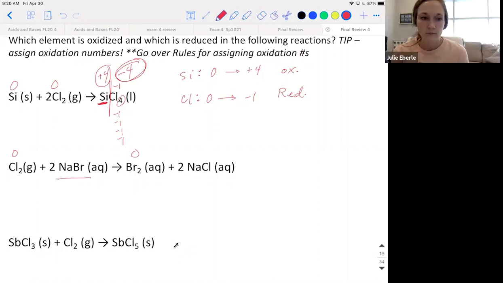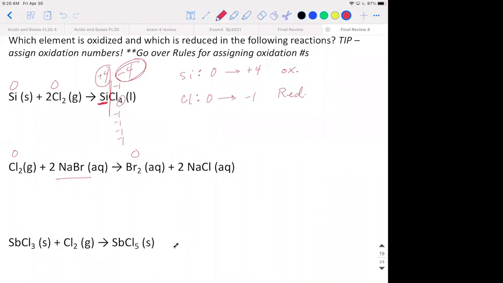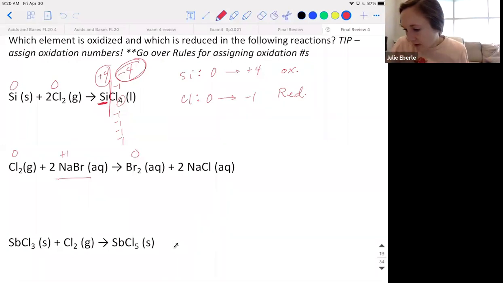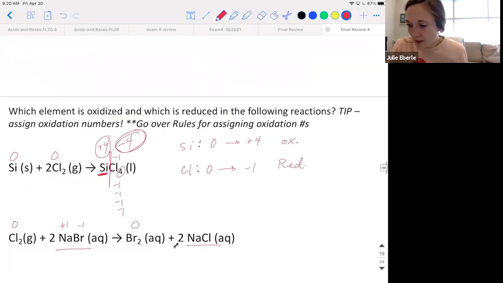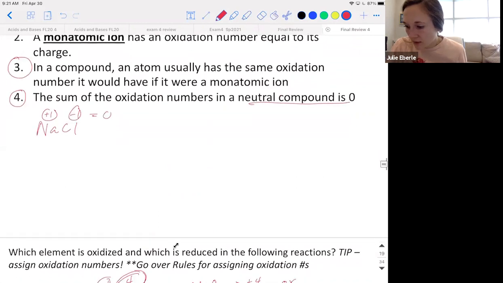What do y'all think? Is the sodium +1? Yes, Zoe. And then the bromine has to be -1. Mhm. And over here, we actually did NaCl right up here, +1, -1.